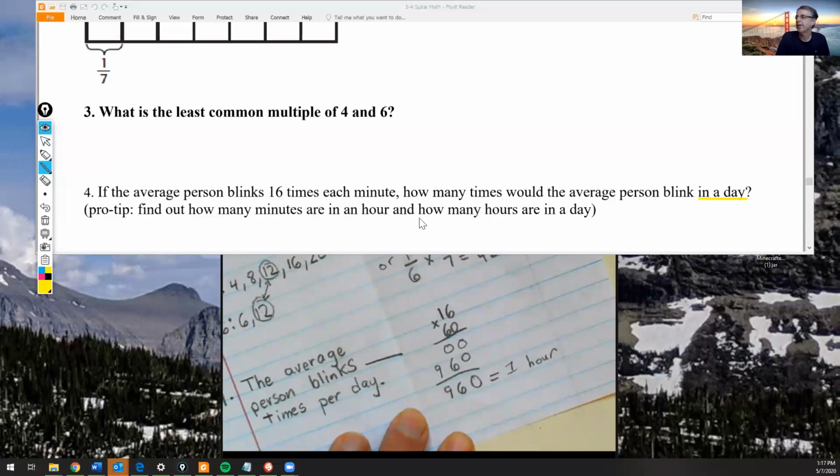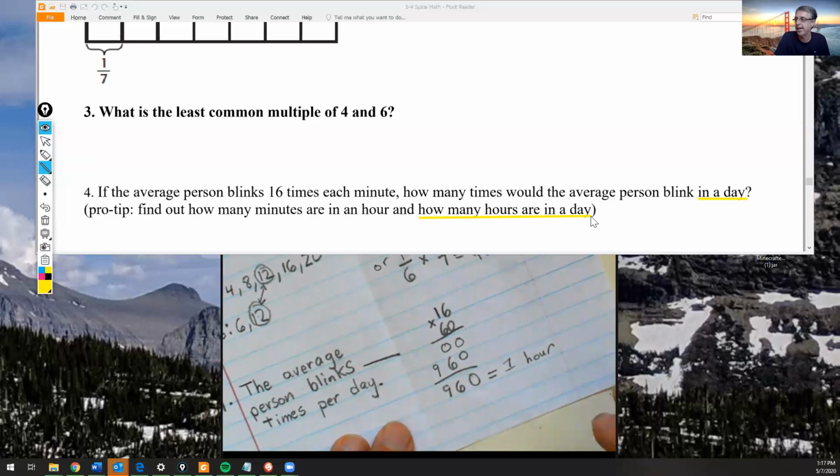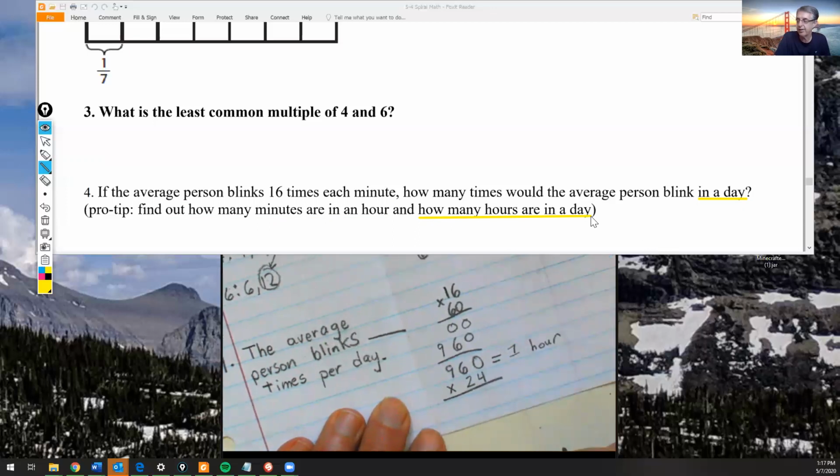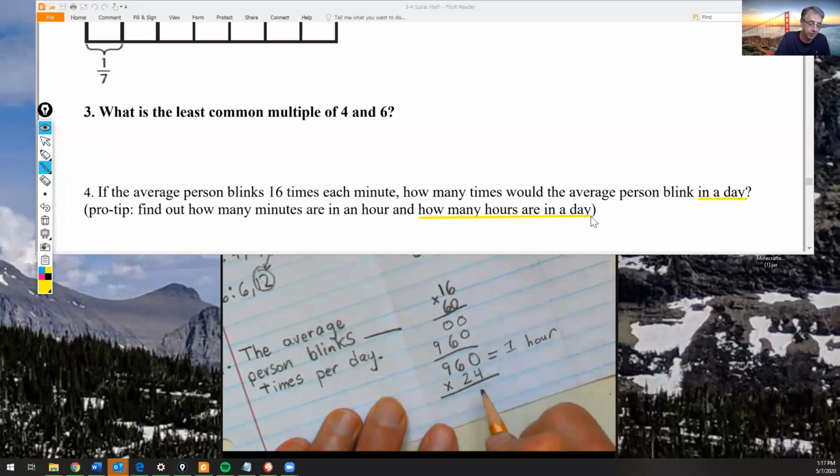So I got to think to myself, how many hours are in a day? And then multiply. Well, I know that there are 24 hours in a day. So I'm going to go ahead and multiply 960, which is the amount of blinks someone does in 1 hour, by 24, which is the number of hours in a day. That should get me the number of blinks in 1 day.